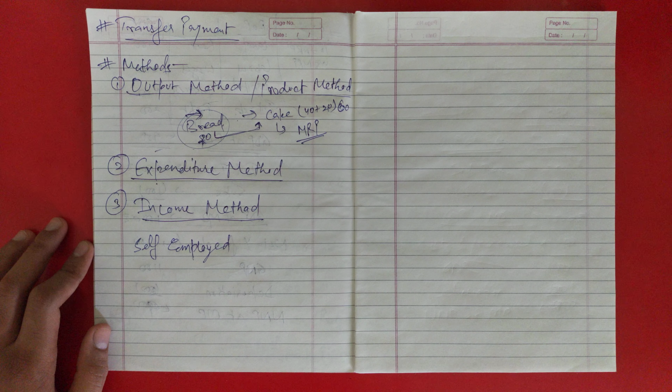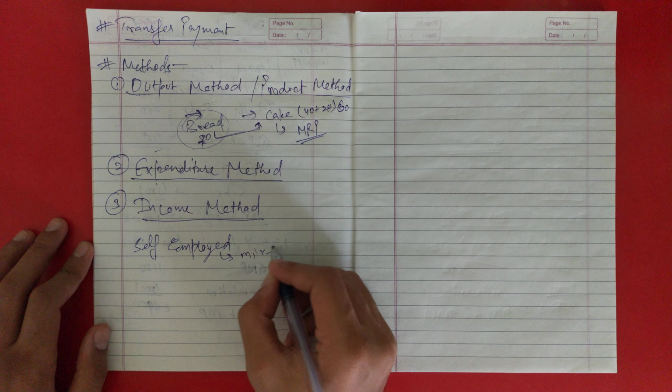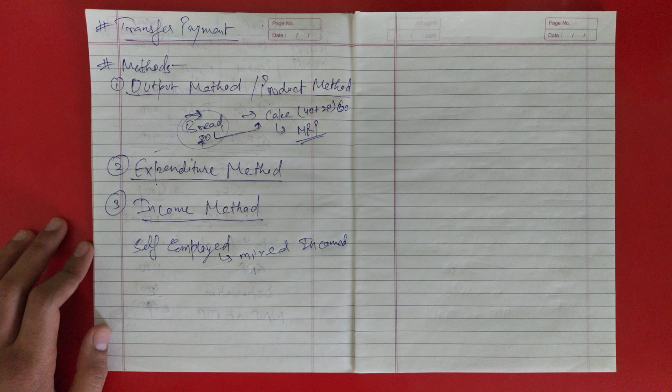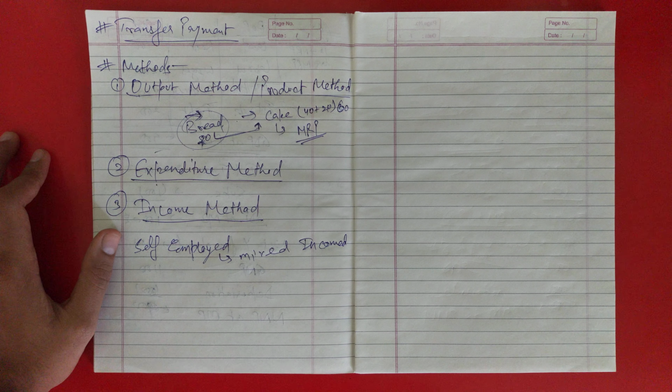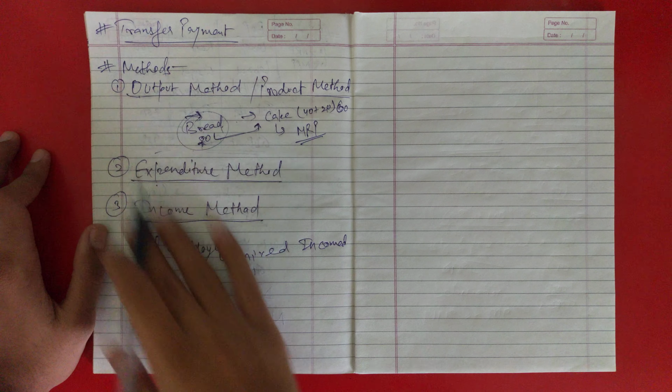It is basically the miscellaneous part, so we call the income of self-employed persons mixed income. And the subtotal of all this factor income is known as net domestic product at factor cost. Okay, so this was all about the methods.